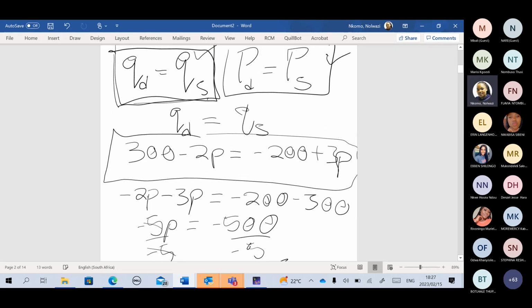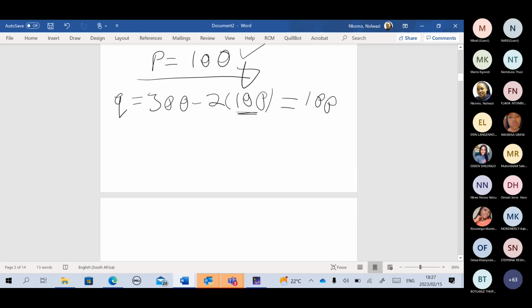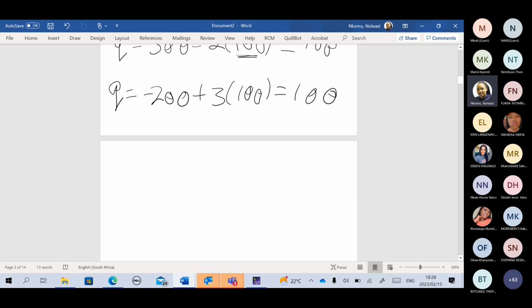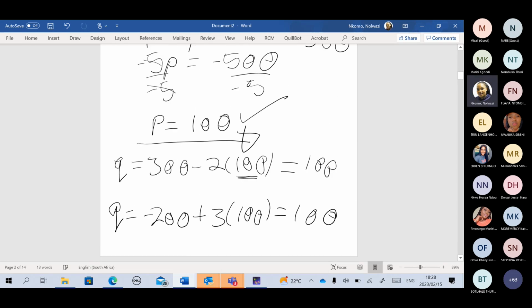To check if we'll get the same thing if we substitute into the other equation, Q equals minus 200 plus 3 times 100, and this still gives us 100. Right, so this means at equilibrium, we'll have P equals 100 and Q equals 100.